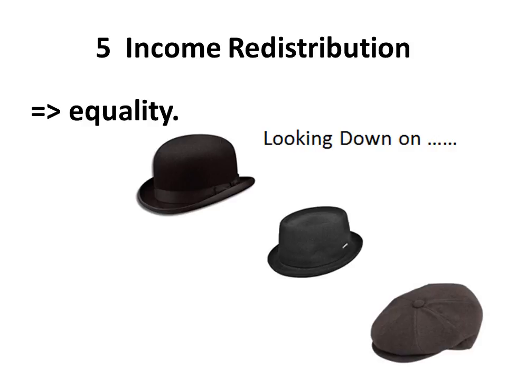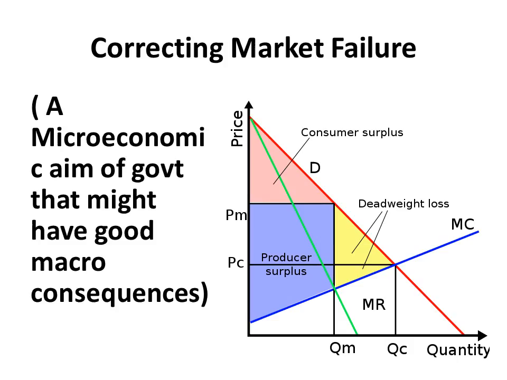Not everyone agrees that equality is the same thing as fairness, and it's not clear that you can move income from one person to another without making some sort of value judgment as to whose welfare is worth more than others. Nevertheless, it's a very important part of macroeconomic policy, considering the distributional effects, the effect on how equal income is and the effect on the rich and poor, and it's something that economists must analyse.